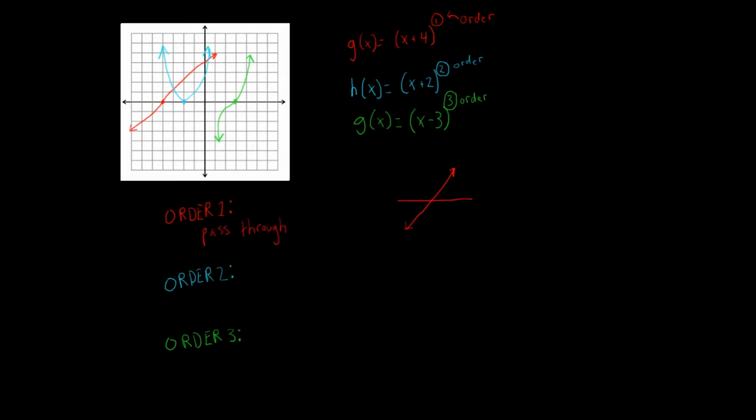And then order 2 looks kind of like a parabola. It goes almost parallel to the x-axis, and that's when it touches, and then it doesn't cross it, it just bounces right off of it. So we can say this one bounces back.